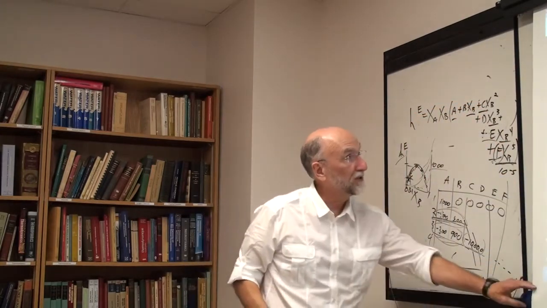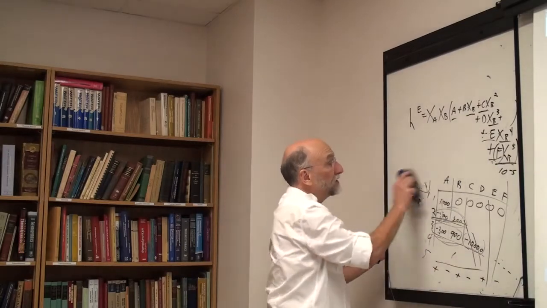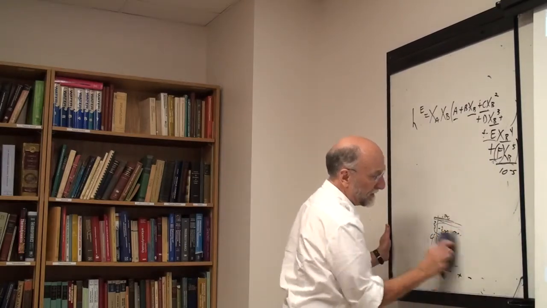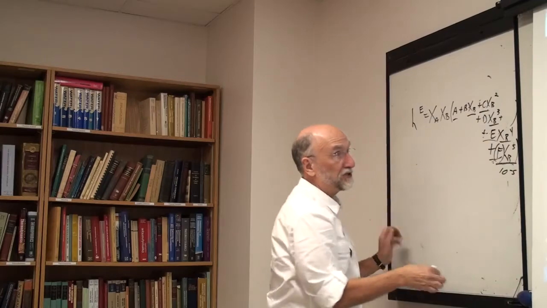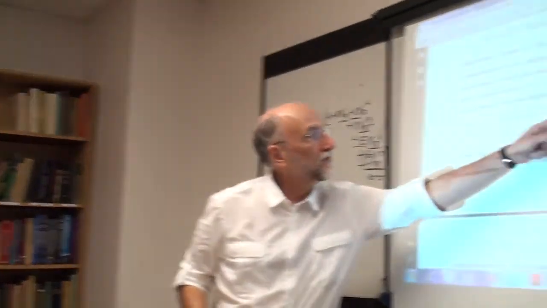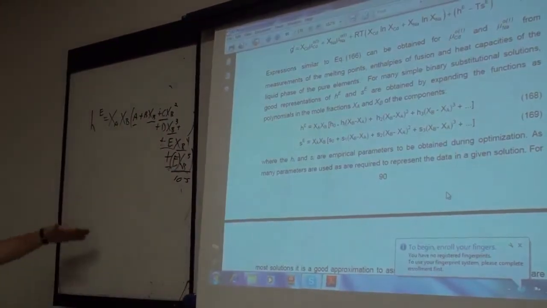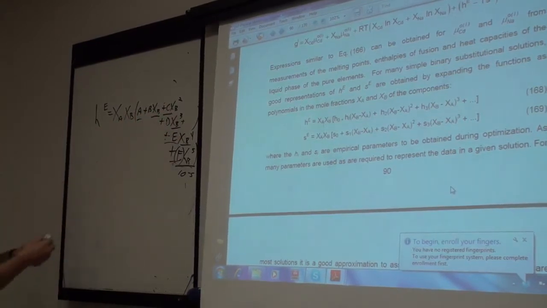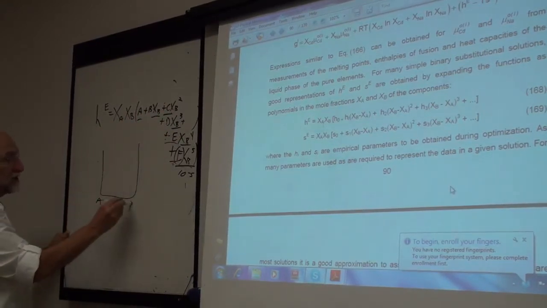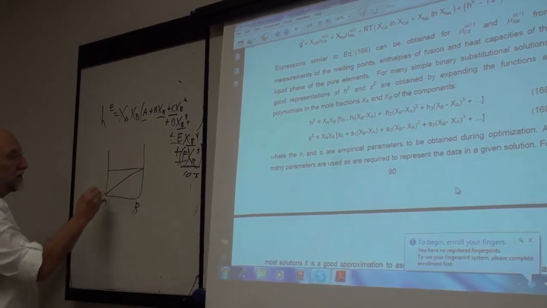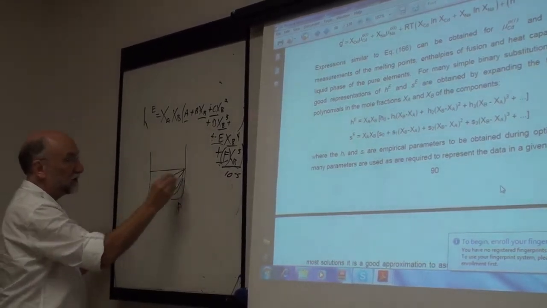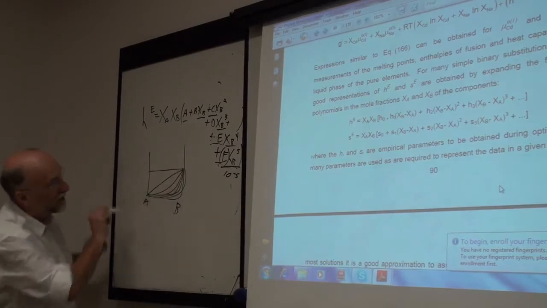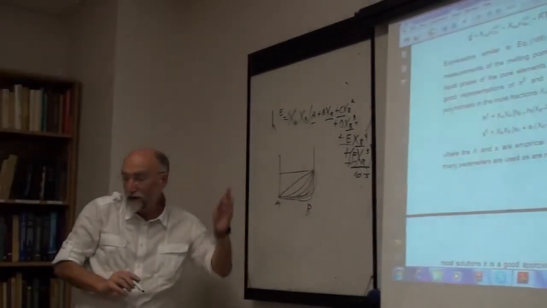So that's the reason we tend to use the Redlich-Kister. And why is the Redlich-Kister better? Well, the functions xb, xb squared, xb cubed, xb fourth, xb fifth, if this is a and this is b, you have your constant, your first term, your quadratic term, your cubic term, your fourth term, and so on. They all go shooting up like this.